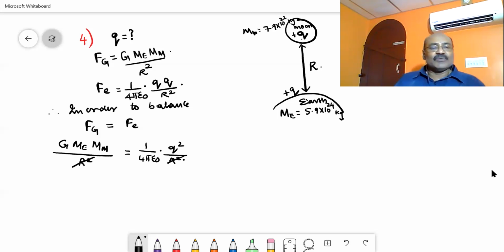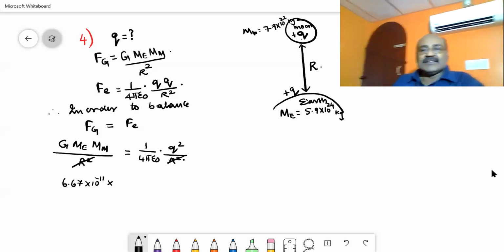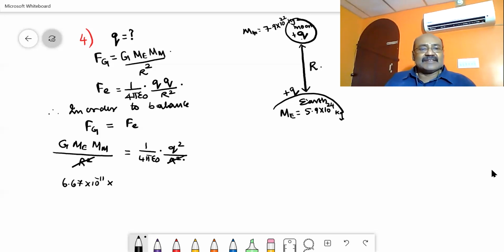Substitute the values. What is G? G is 6.67 into 10 to the power of minus 11, the universal gravitational constant, multiplied with the mass of Earth. Mass of Earth is 5.9 into 10 to the power of 24, and mass of moon is 7.9 into 10 to the power of 22, is equal to, what is 1 by 4 pi epsilon 0?